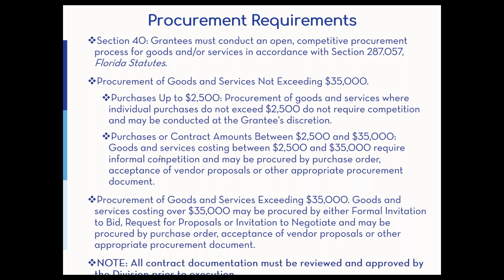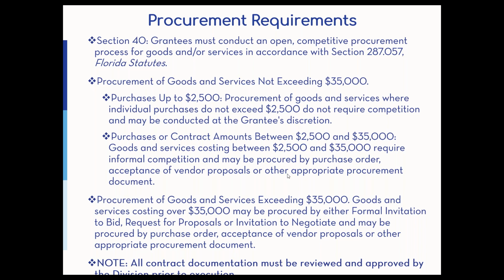And you need to keep a file with that process and document where you've posted it, if you put it out to the public, any kind of documentation that you ask for, proposals, keep all the documentation in your file.